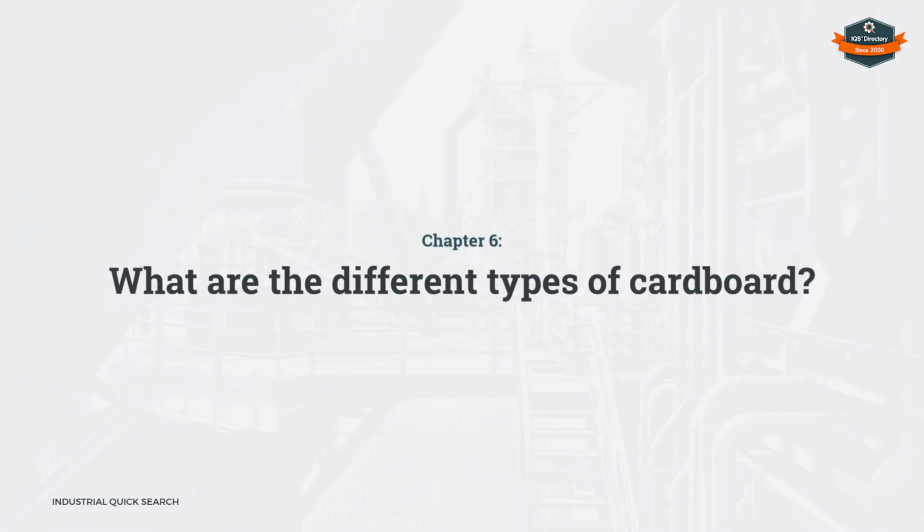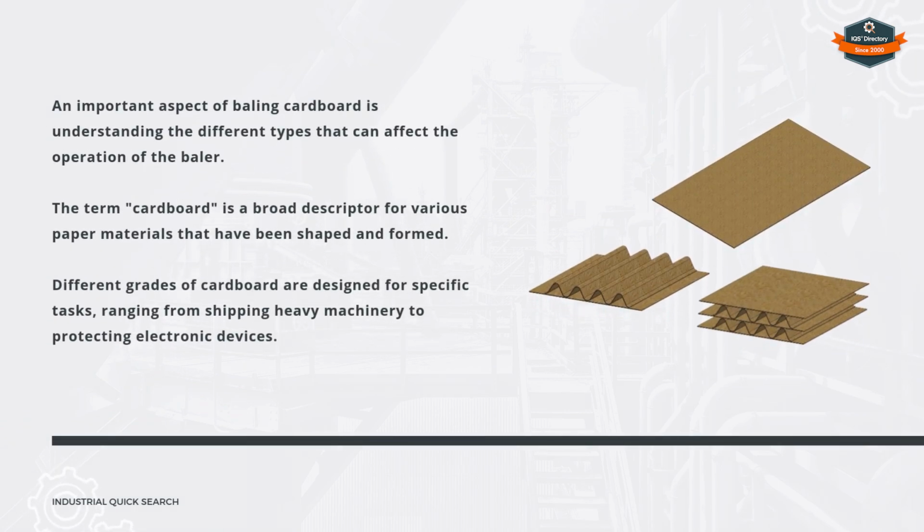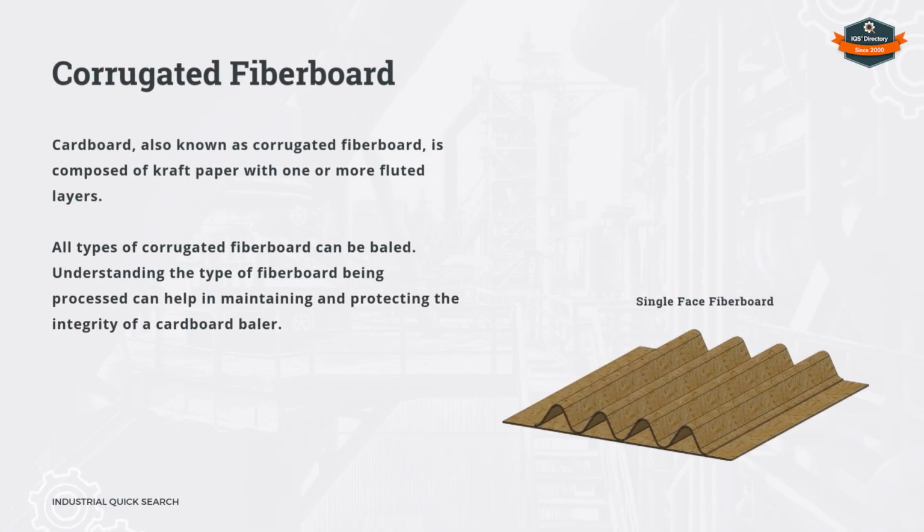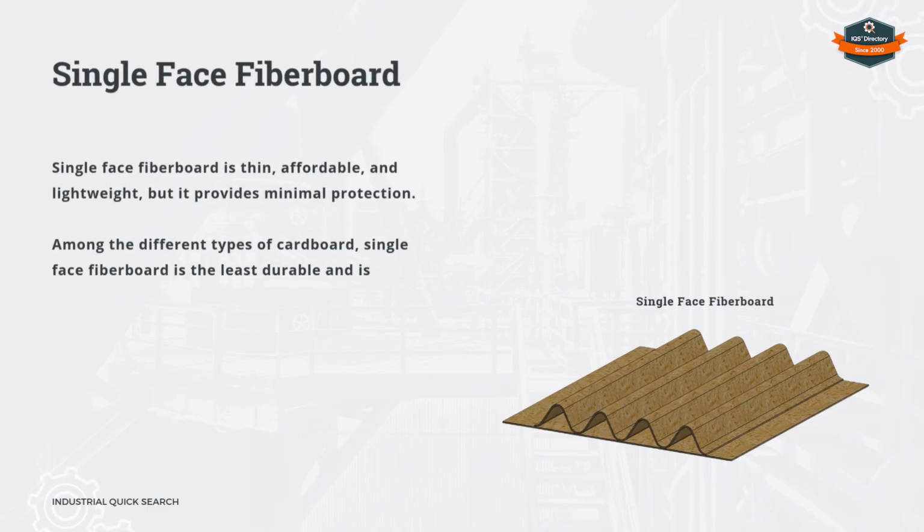Chapter 6. What are the different types of cardboard? Corrugated fiberboard. Single-face fiberboard.